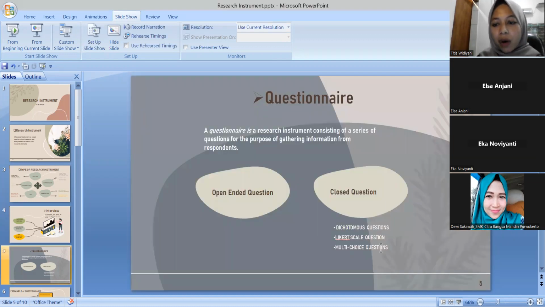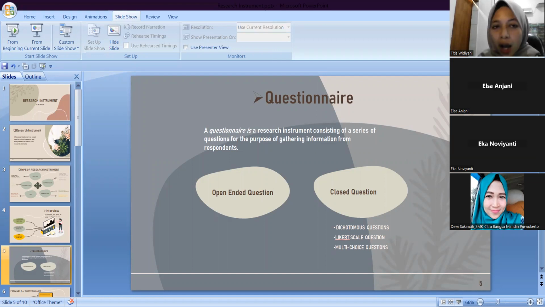Okay, and then the next is questionnaire. Questionnaire is a research instrument consisting of a set of questions for the purpose of gathering information from respondents. A set of questions that have been arranged before.